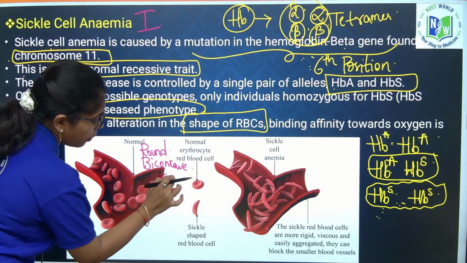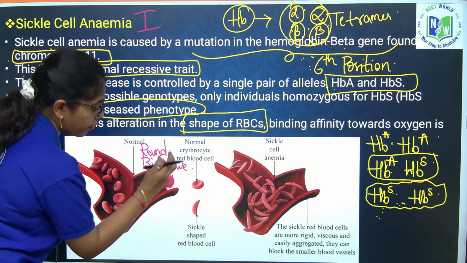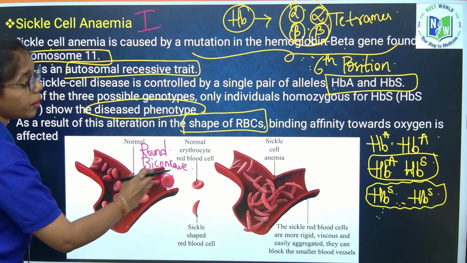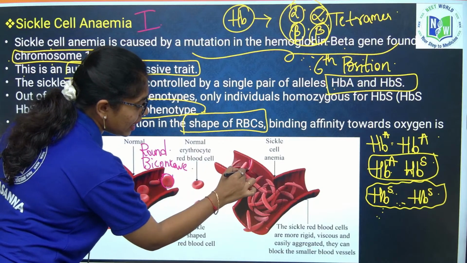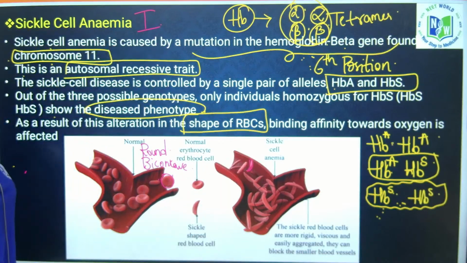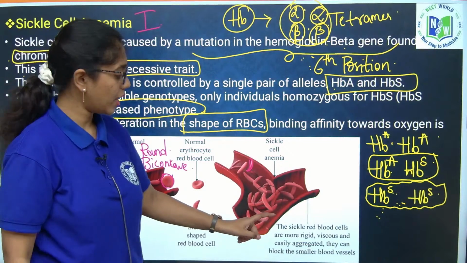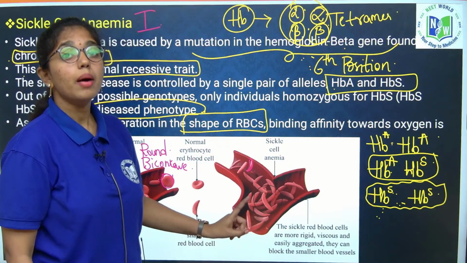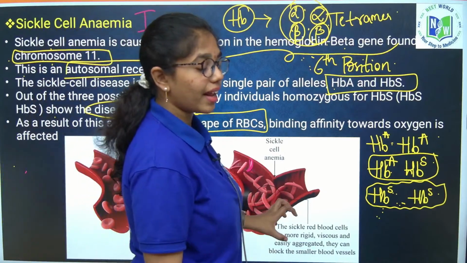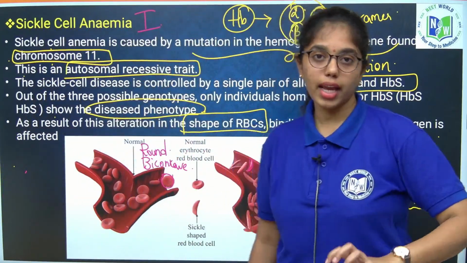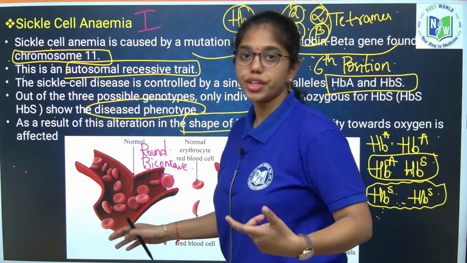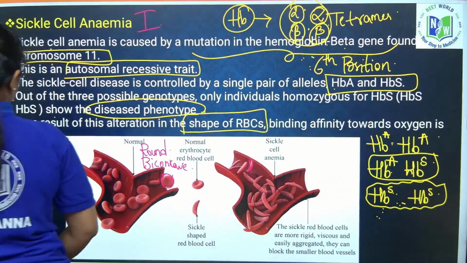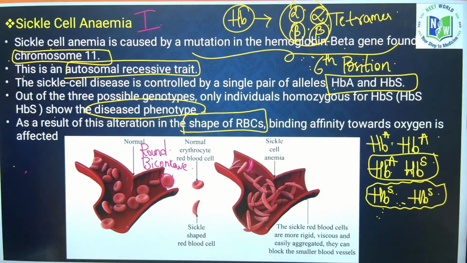This round and biconcave shape of the RBC will be modified to a sickle elongated shape like this, which will block the blood vessels. It will not carry the oxygen to the organs of the body. So thereby oxygen tension levels will be increased. Clear, ma? So this you have to remember.